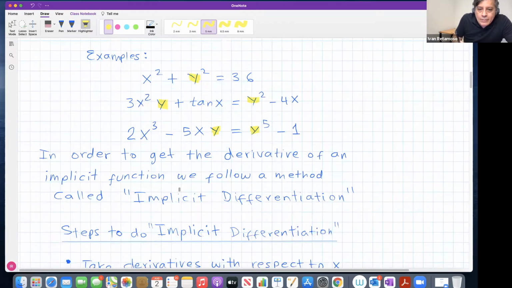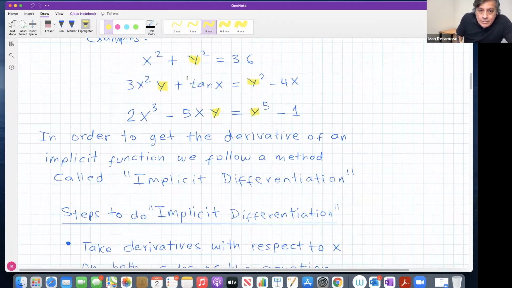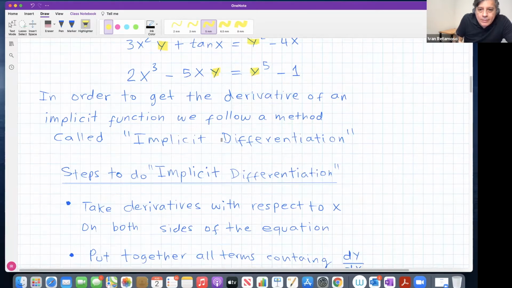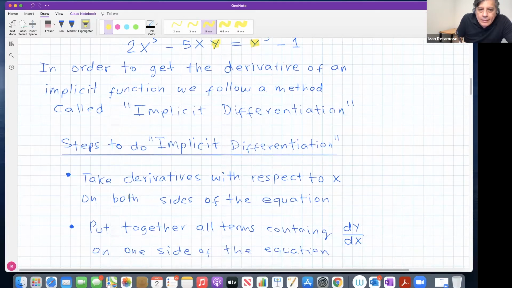All right, so in order to get the derivative of an implicit function, a function that appears somewhere as part of an equation, we follow a method that comes in steps. It's called implicit differentiation. And the steps are: first step, take derivatives with respect to x on both sides of the equation.